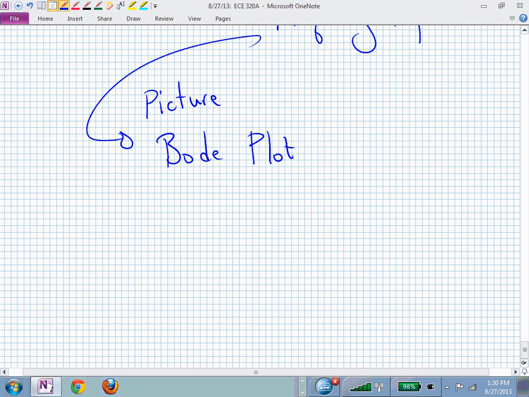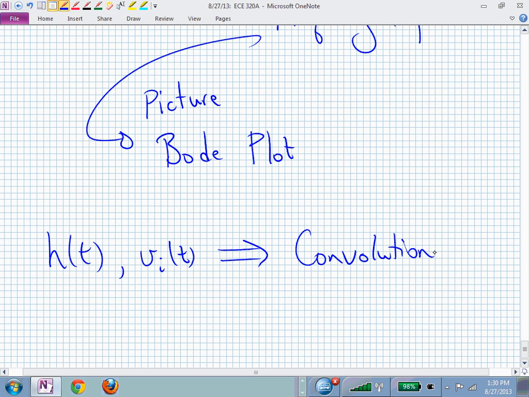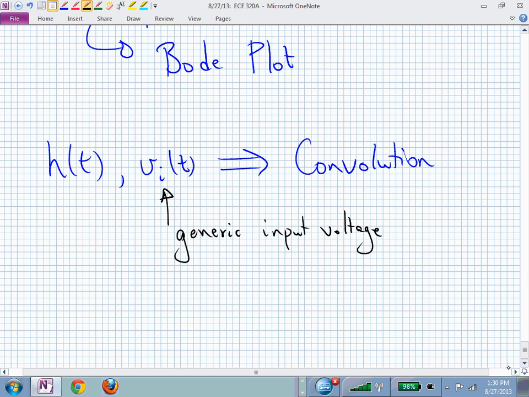Another possibility is if we have h of t and somebody now excites our system with, let's say, v sub I of t, and you want to do that in the time domain, now we can start talking about convolution. Where this is now some generic input voltage.